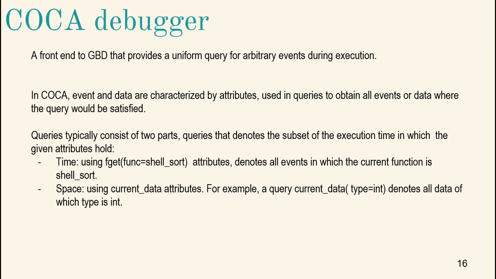Queries typically consist of two parts: time, which denotes the subset of the execution time in which the given attributes hold, using attributes such as current function equals shell sort, which denotes all events in which the current function is shell sort. And space, which uses current data attributes. For example, a query with current data type int denotes all data of which type is int.